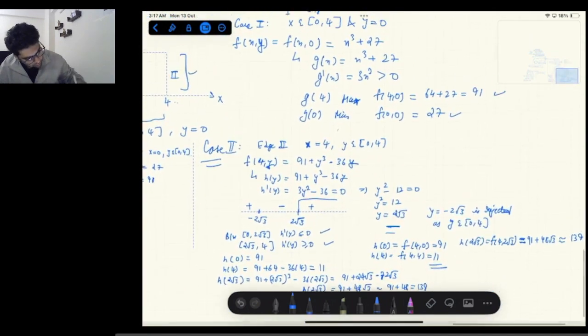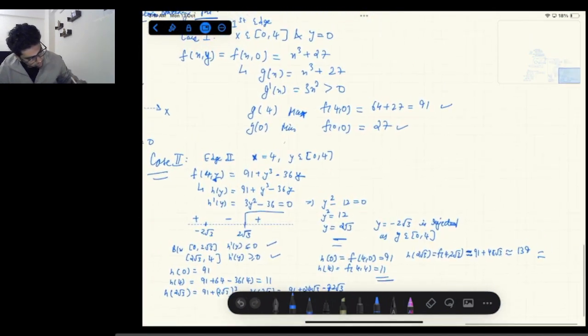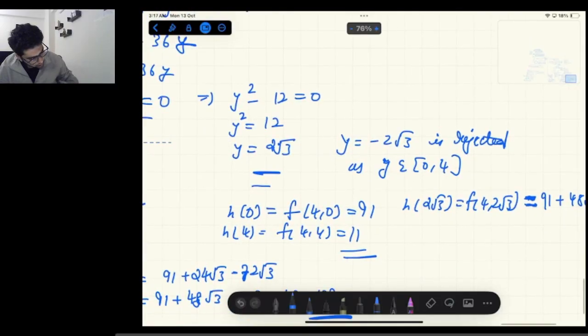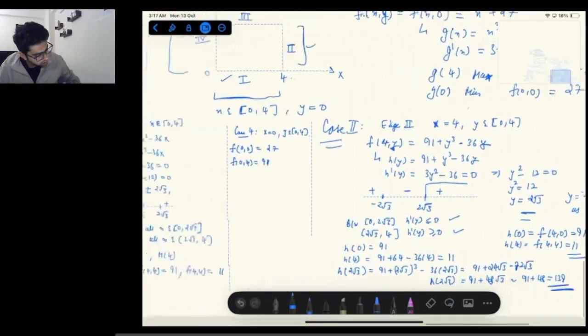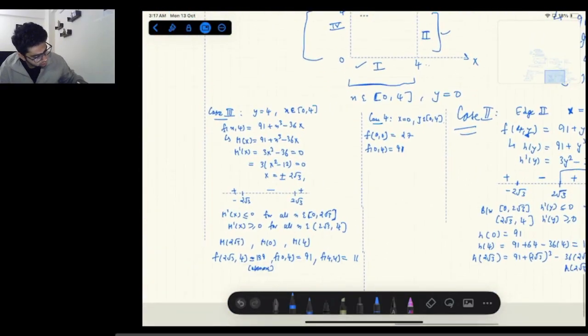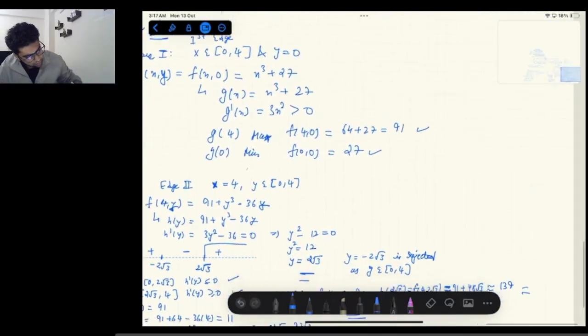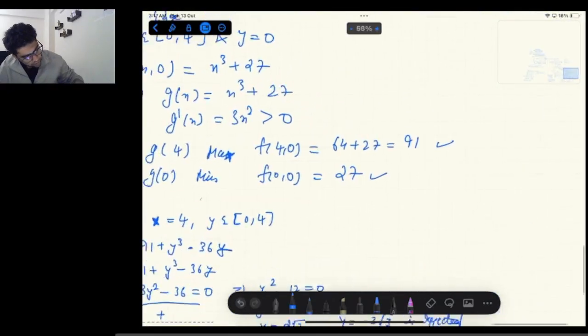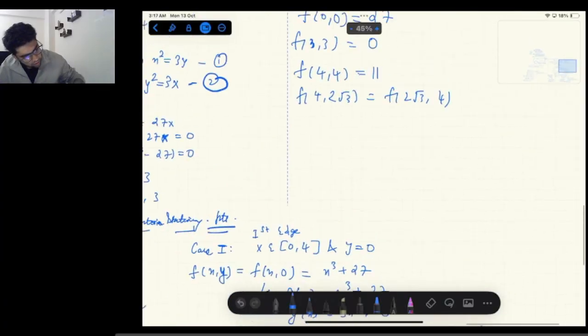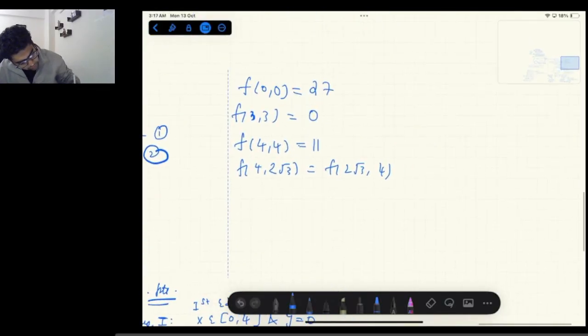f of 4 comma 2 root 3 and f of 4 comma 4, and similarly from there also 2 root 3. So this becomes 91 plus 48 root 3. Approx I am taking 139.